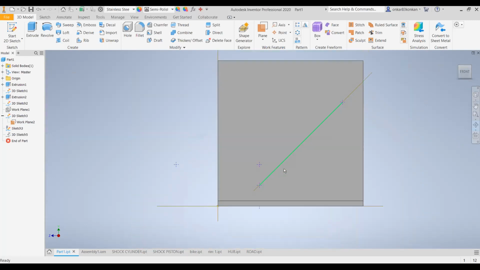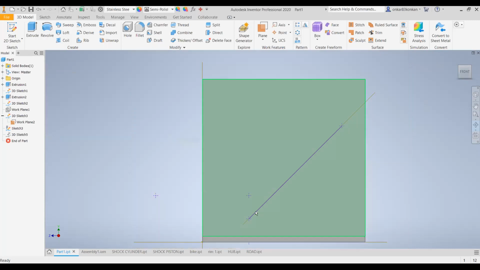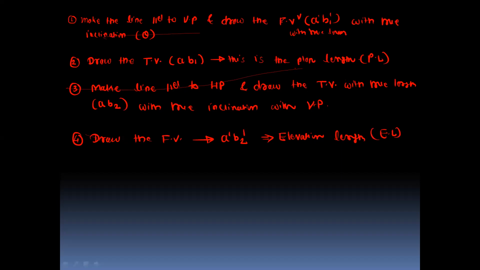And this is the actual front view, and this inclination with the XY line or with the horizontal is called the apparent inclination in the front view, that is alpha. We will solve one problem, then you can understand how to draw the exact projection.